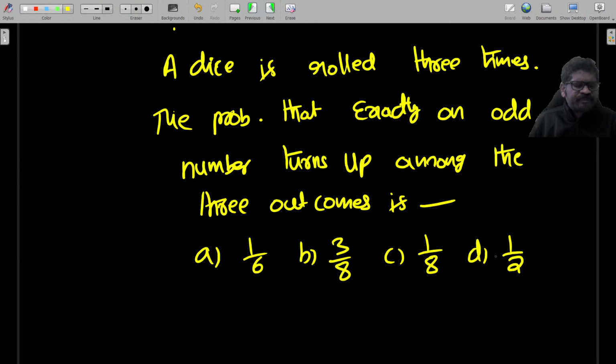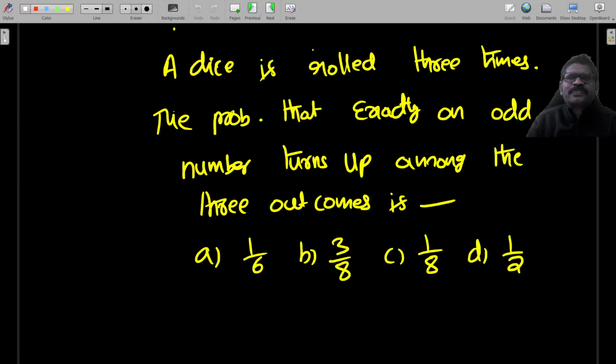Here a dice is rolled 3 times. Same experiment, throwing of dice 3 times, is the number of times an experiment is repeated. So n represents number of times an experiment is repeated, so n is equal to 3. Now, the problem is designed on the probability that exactly one odd number turns up.